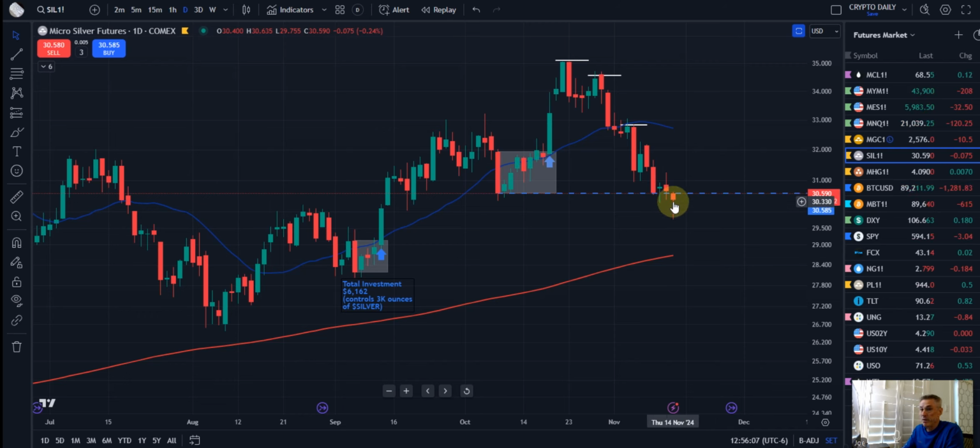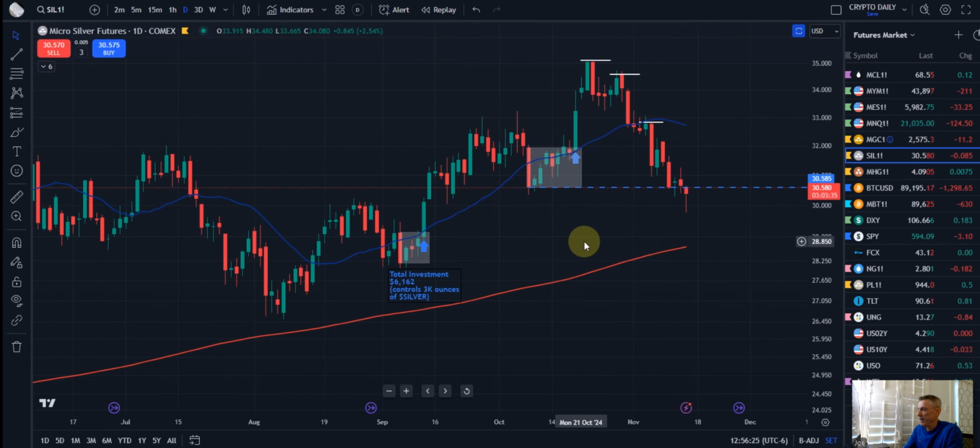Something could come out, news or whatever, and silver could sell off, or news could come out, we could reverse, and this could end up being a green candle and potentially moving up tomorrow. So that's very important too. That's why I put the silver on here as well, even though the trade's not perfectly there yet. We want to see it close. And if it doesn't happen today, no big deal. We'll wait for tomorrow, whenever.